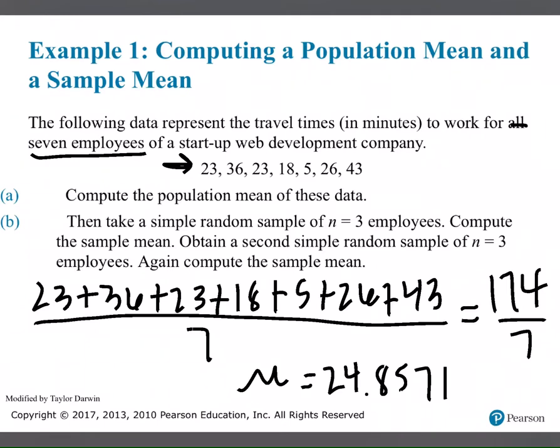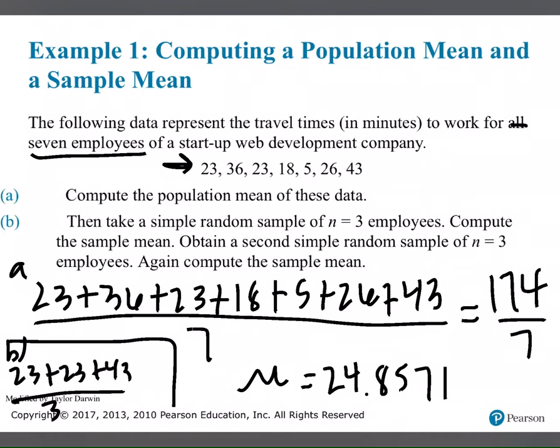And then B you can do by randomly selecting 3 and trying that on your own. I'll do 1. You can do 1 as well. I'm going to do it over here because I'm running out of room. So that was A, this is B. Let's say I put all the numbers in a hat and randomly select 23, 23, and 43.